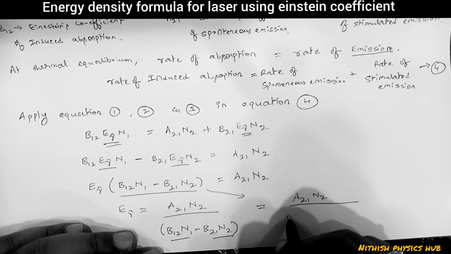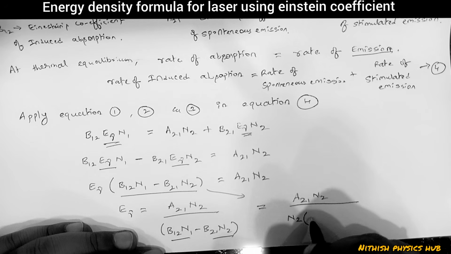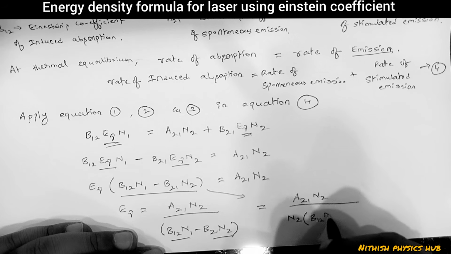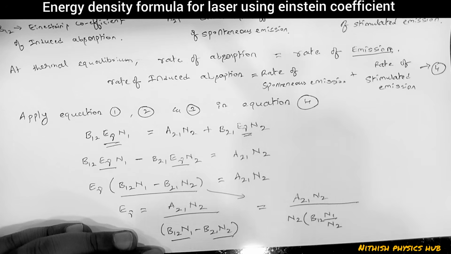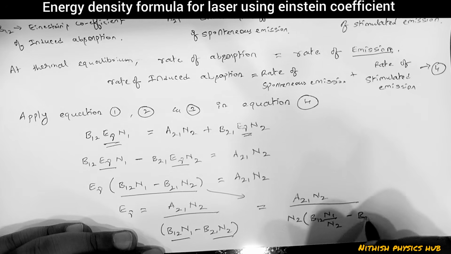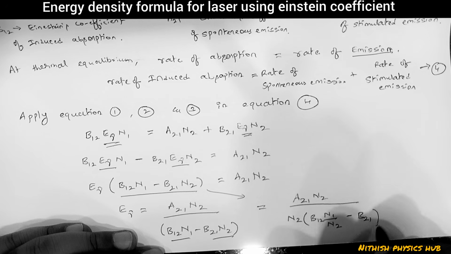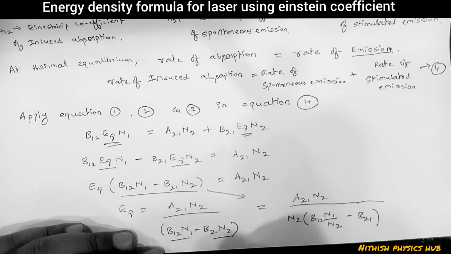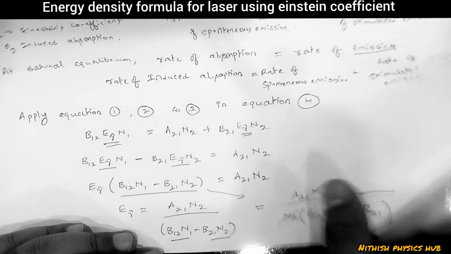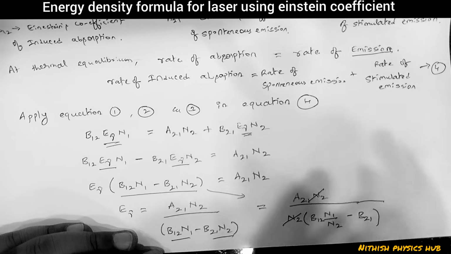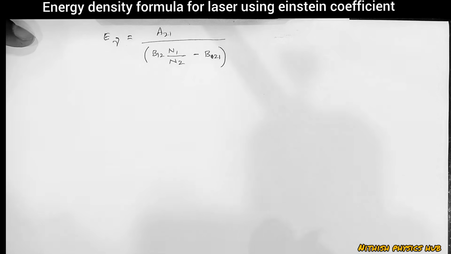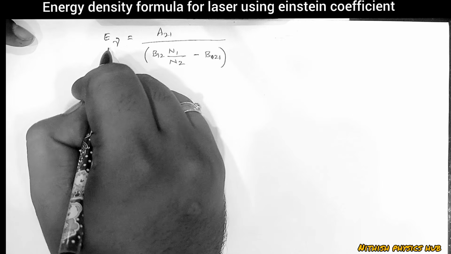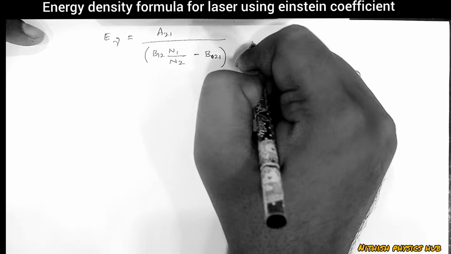Since in the first term there is no N2, what we need to do is divide the number we have taken as common: minus B21, and since there is an N1, that will come as a common term outside, and we will be cancelling N2 with N2. Now we will be rewriting the equation which has already been cancelled, and once again I will be taking one more common.